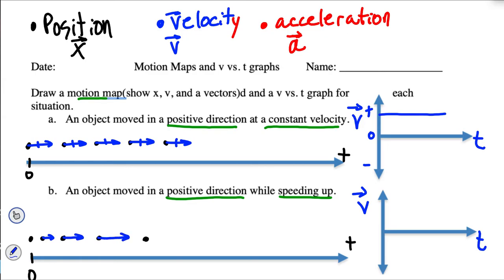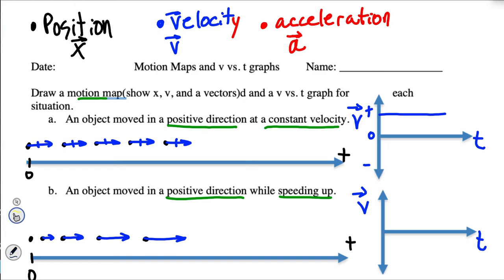Should I put hash marks on these velocity vectors? And the answer to that is no, because they're not all the same length, because the velocity is increasing as time goes on. What about the very first position dot? Does it get a velocity vector or not? Well, the question is, is it moving at time 0? Now, this problem does not specify whether the object was at rest or not.